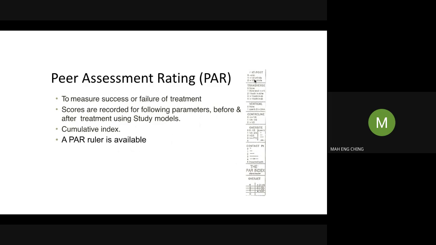This one is the anterior-posterior interdigitation, up to half a unit or less than half a unit, then they get a score. Transverse crossbite has a score. Vertical open bite has a score. Centerline discrepancy has a score. Overbite, contact point displacement or crowding. Then they add up all these malocclusion feature scores and give you a total score.